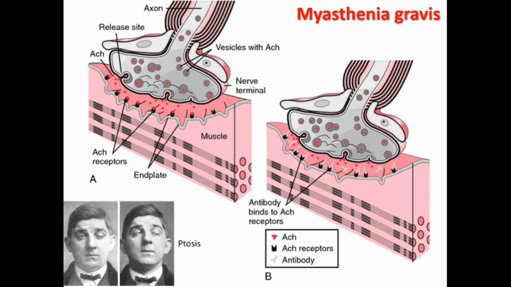Let's see one of the muscle disorders called myasthenia gravis. Actually, myasthenia gravis is an autoimmune disorder. In this disorder, the immune system starts to produce antibodies against the acetylcholine receptors.